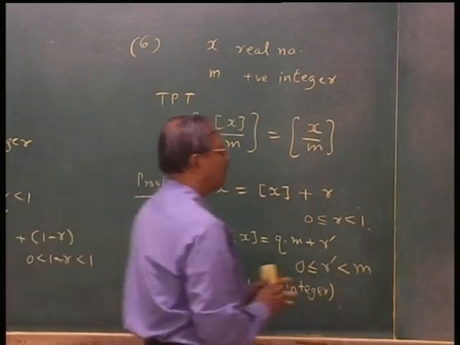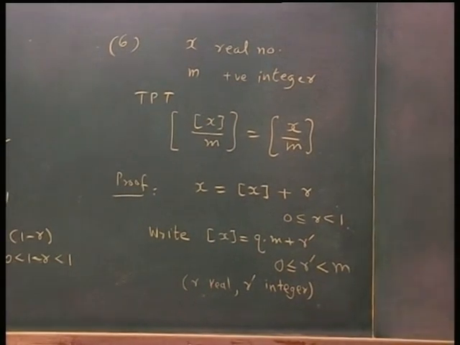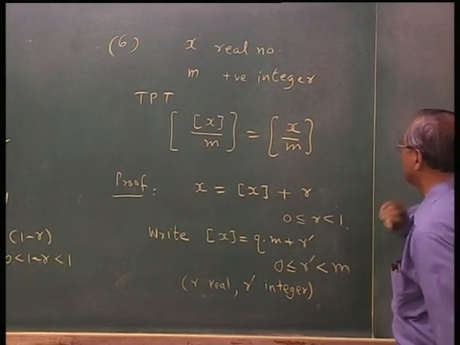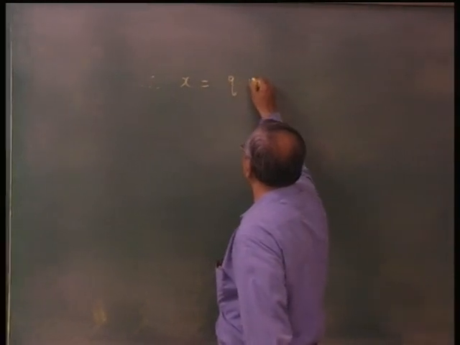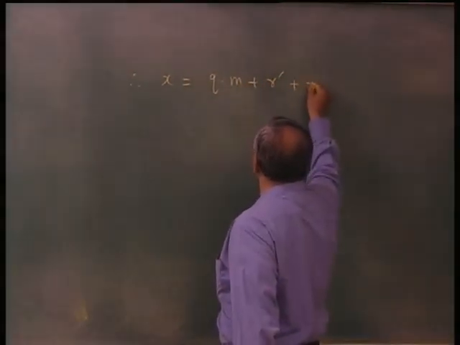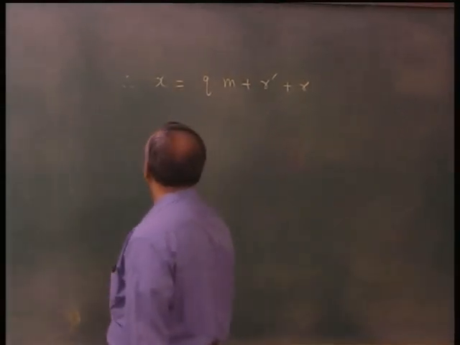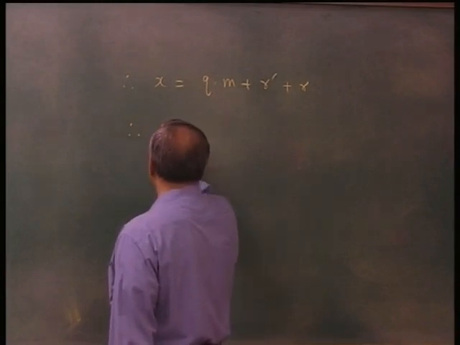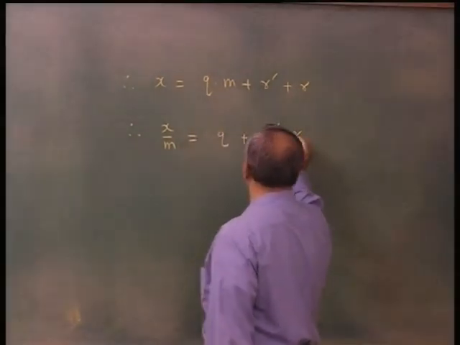This is just for our understanding. Now you can substitute this over here. Therefore, x is equal to q times m plus r dash plus r. Therefore, what is x by m? Equal to q plus r dash plus r by m.